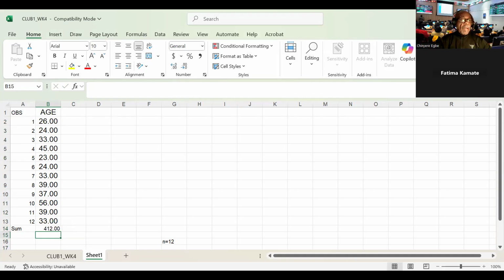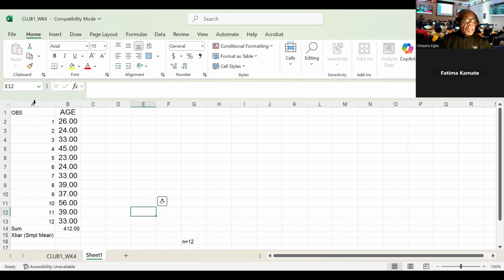You see, the sum of the values is 12. You get it? Yes, I get it. Okay. And the sample mean, x bar. Because this is a lesson, let's be deliberate and let's be patient.